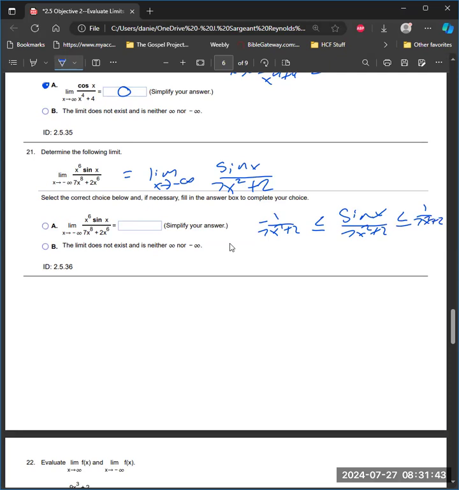And as I go to -infinity, this is 0 and this is 0. And so that limit goes to 0.